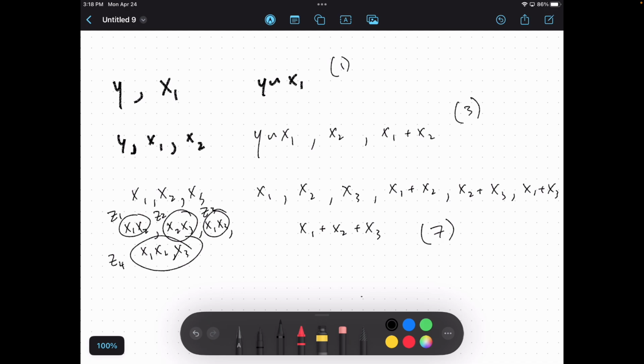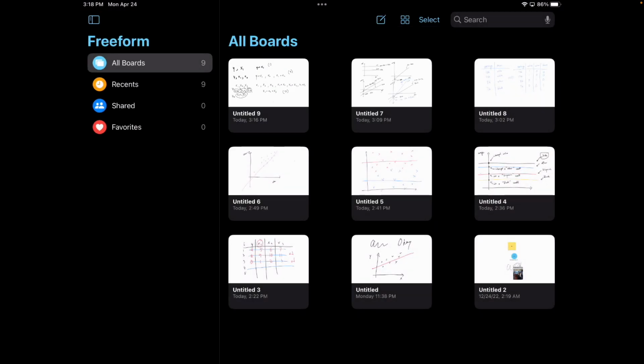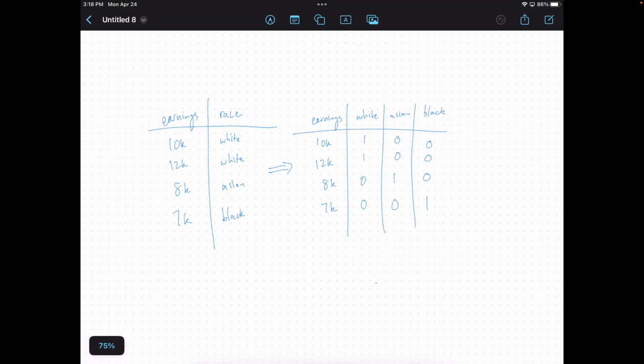You wouldn't do it quite that way. Because technically what you would be doing is, if you had white and everyone else, you couldn't actually multiply these together, because then that would be 0 and that would be 0.